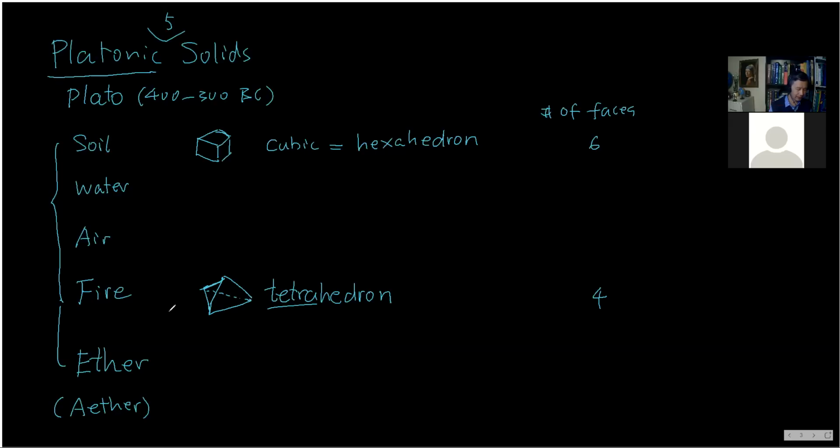Sphere? No. Air is something like this. You just put 2 pyramids together. This has 8 sides. How can we draw that? Yeah, 8 sides.